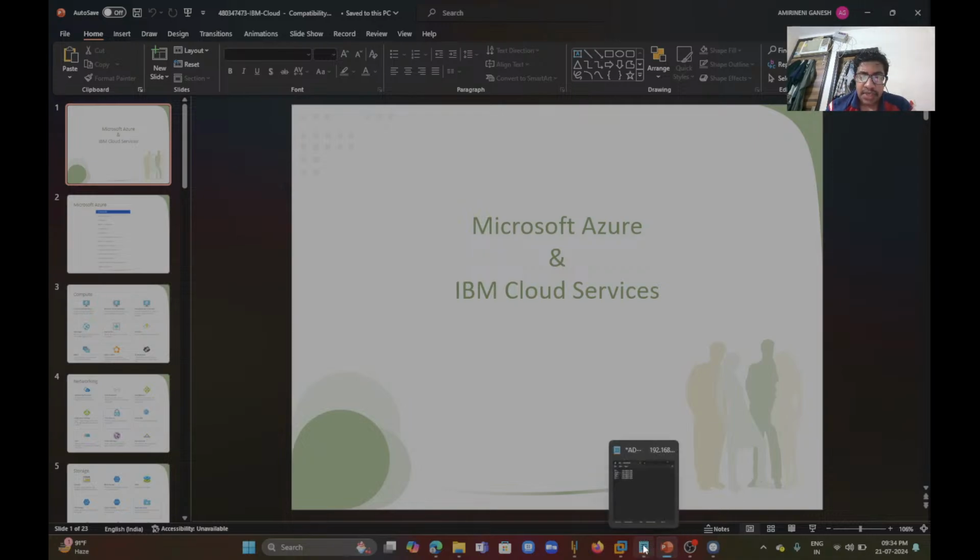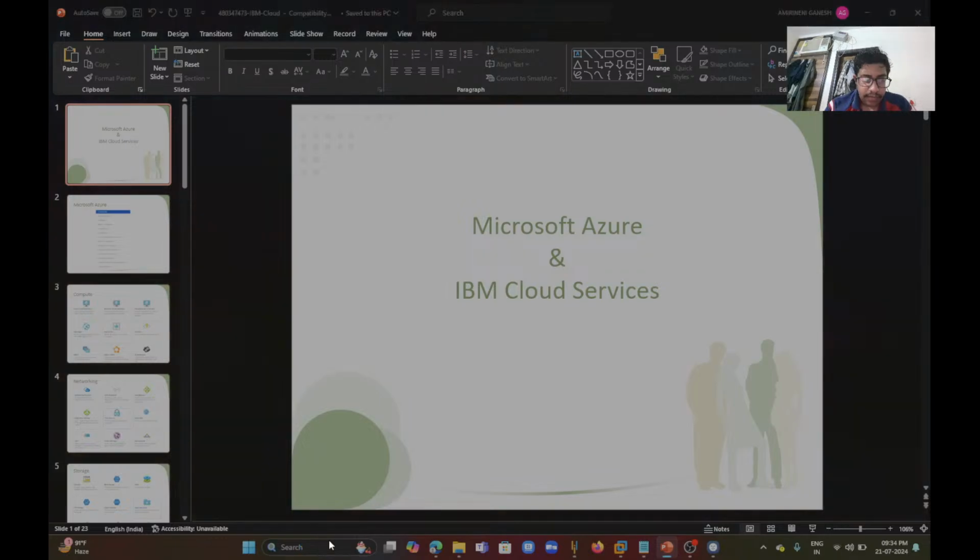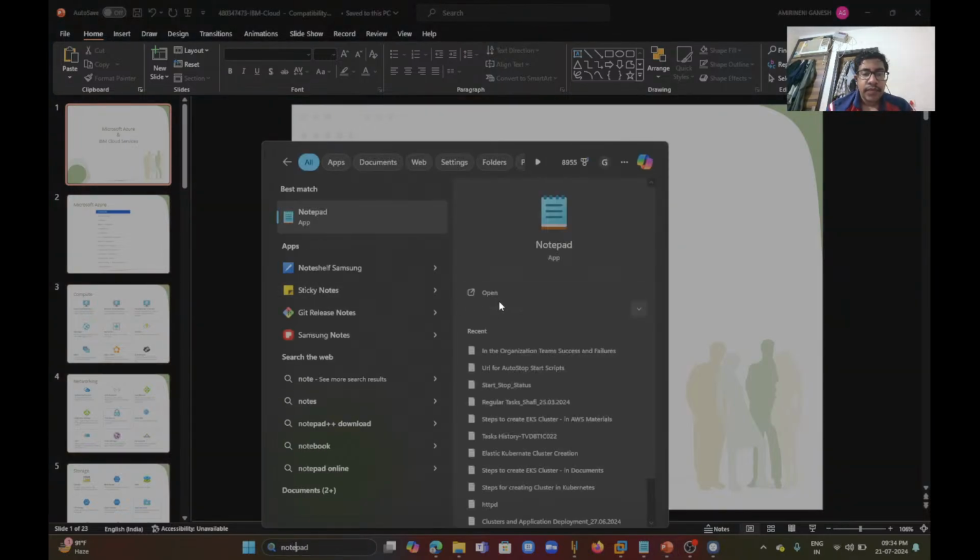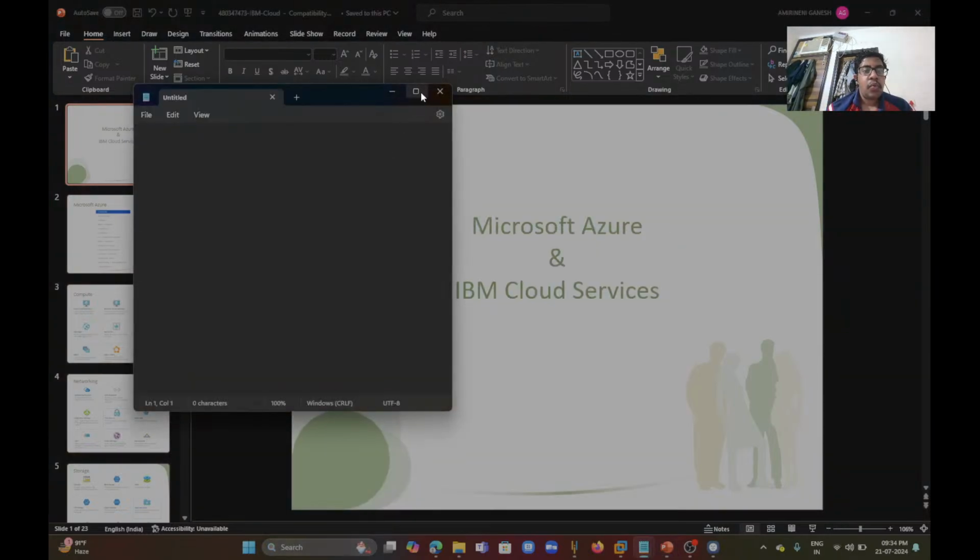What are the concepts available in IBM Cloud or Microsoft Azure Cloud?